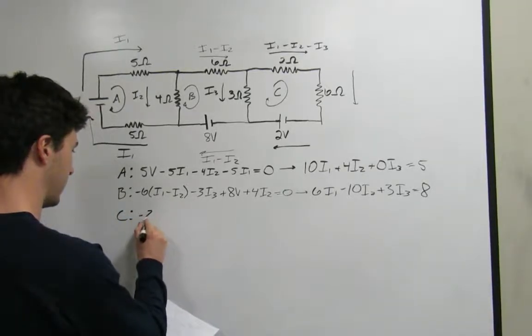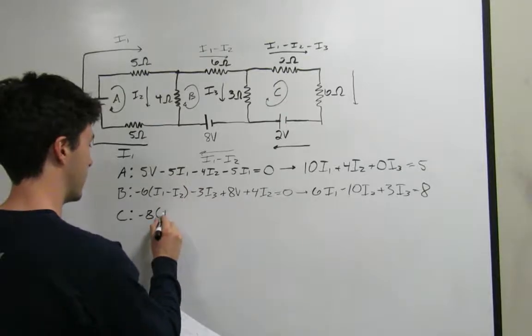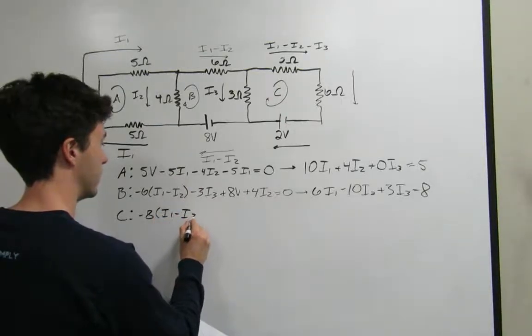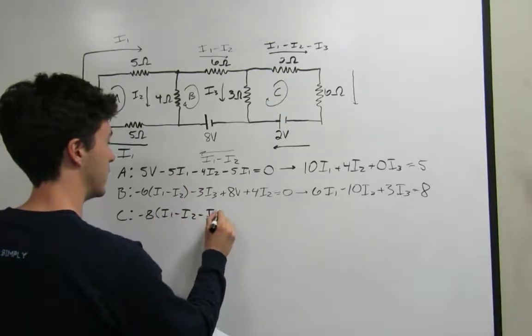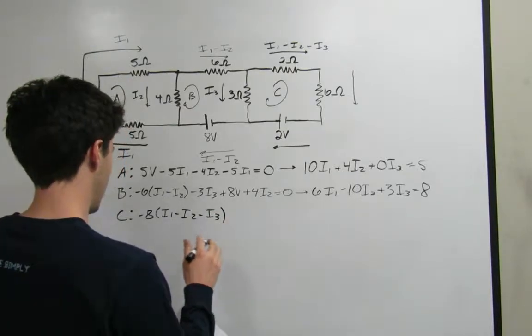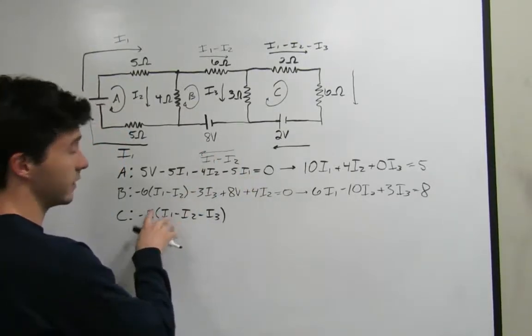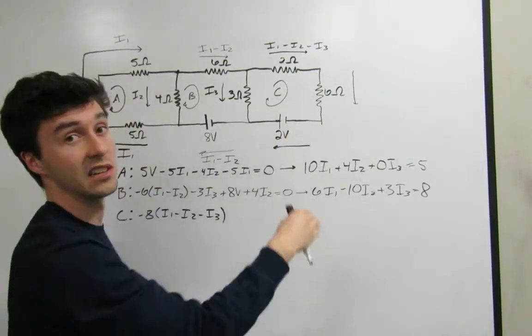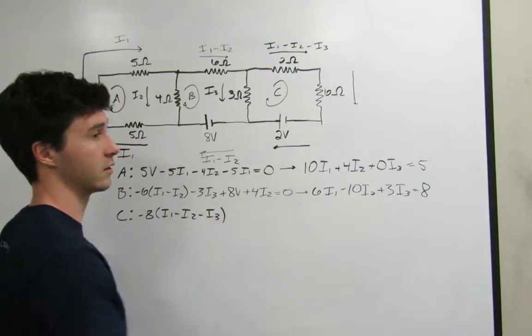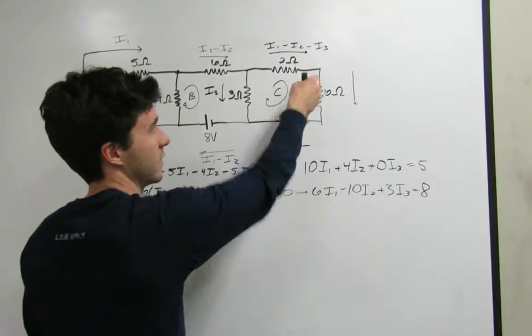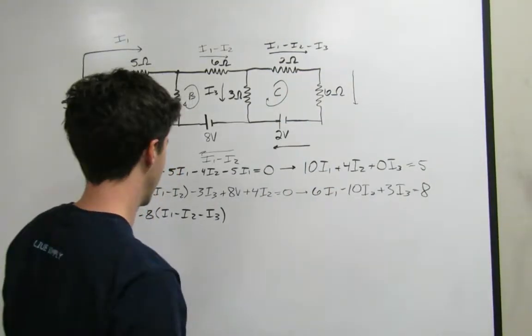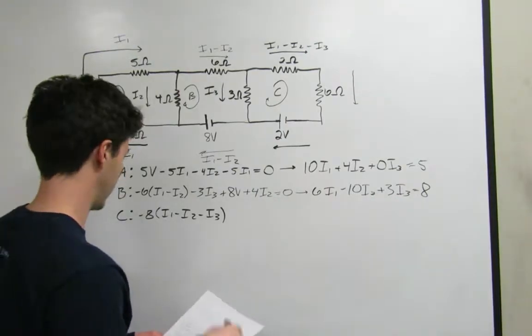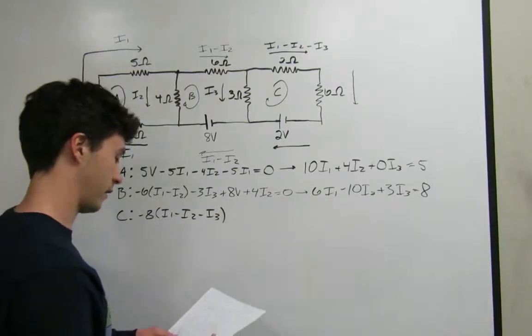So we have negative 8 times I1 minus I2 minus I3. I used the negative 8, by the way, because we can just add up these two resistors because they're in series instead of parallel. So when two resistors are in series, it's practically just like having one resistor. So we just add them up. So I got negative 8, I1 minus I2 minus I3.